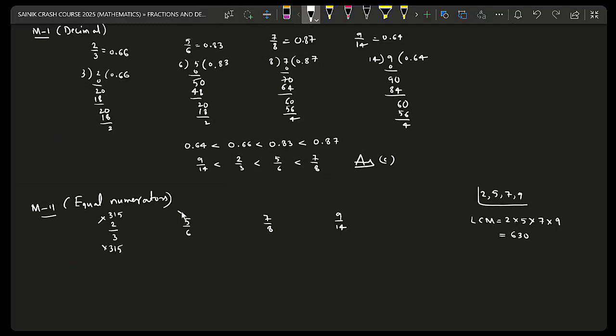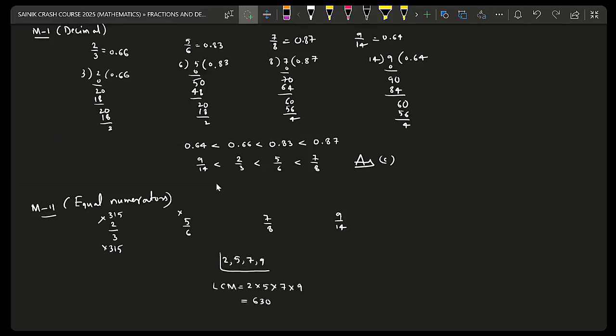Next, 5 multiplied by which number do you get 630? Except 5, multiply the remaining numbers. Can you see now? Yes, sir. Other than 5, the remaining numbers you can multiply.